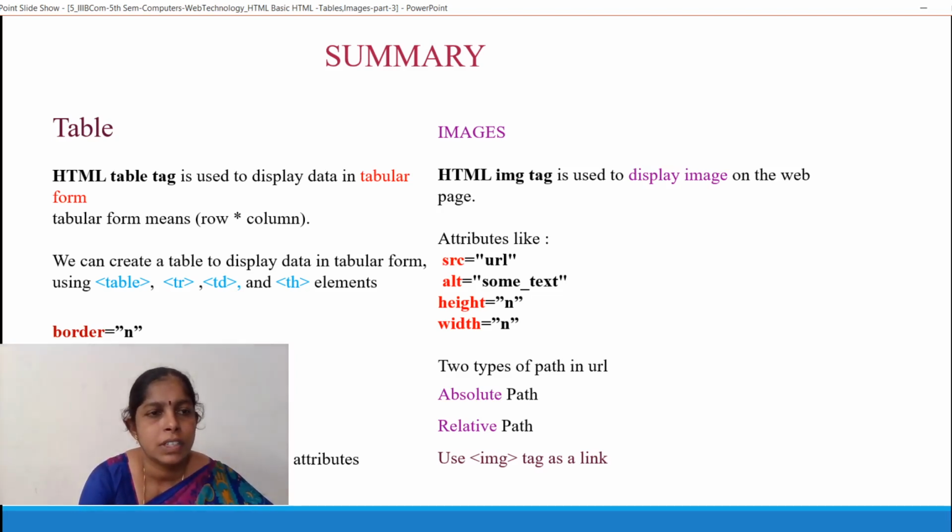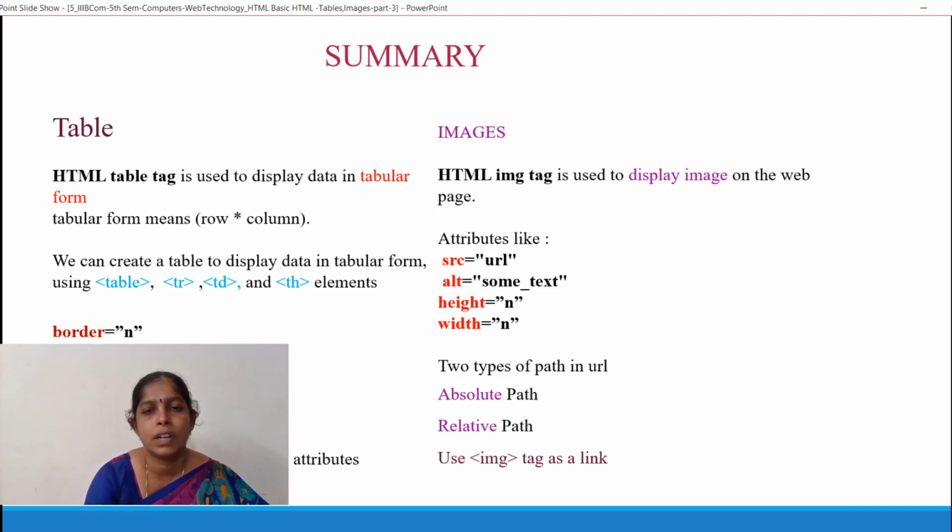These are the topics we discussed now. Table. Table is used for representing data in tabular form, that is rows and columns. For that we have used the table tag, tr tag, td tag, th tag, and attributes like border, cell padding, cell spacing, height, width. And coming to images, image is used to display an image on a web page. For this image, we have seen attributes like source, alternate, height, width.